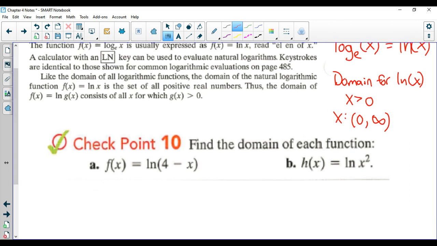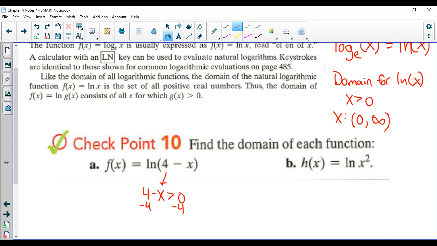So if we're looking at this one, it might be a little easier to think about it as, okay, we know that this number has to be greater than 0. So I'm just going to do 4 minus x is greater than 0. If you're asked to find the domain, just put whatever's inside the parentheses greater than 0, and then you can solve for x. Here you have some choices on how to solve it.